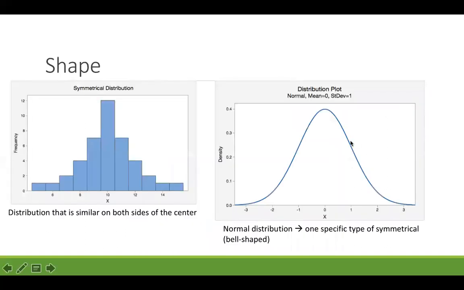So shape is very important. You're going to be focusing on that a lot this semester. So symmetrical distributions are pretty much exactly how they sound, symmetry. So you see how the distribution is similar on both sides from the center. So they're exactly symmetrical in this case. They don't have to be exactly symmetrical, but they're going to be very, very close.